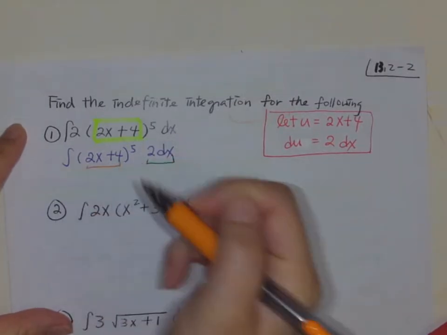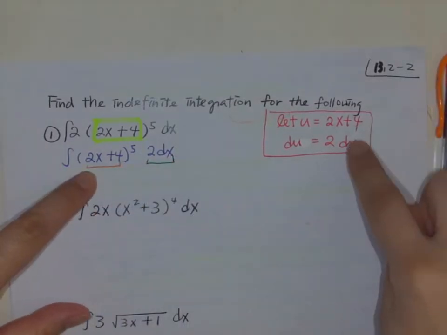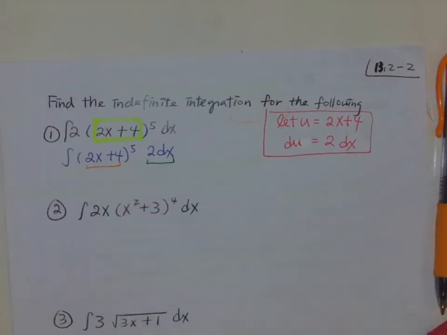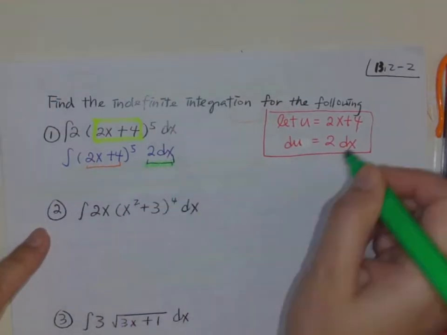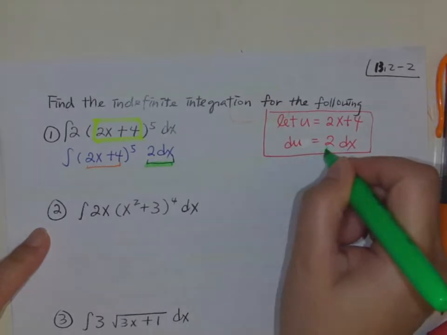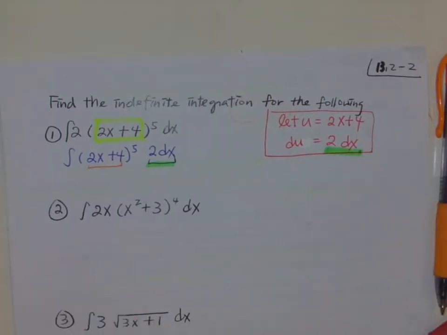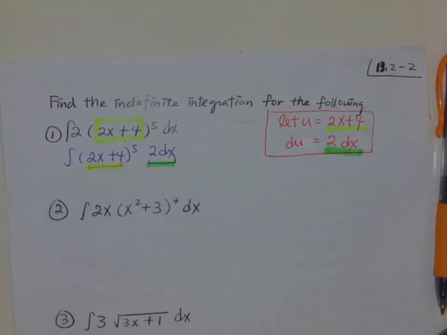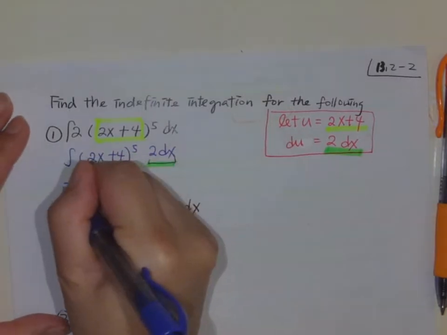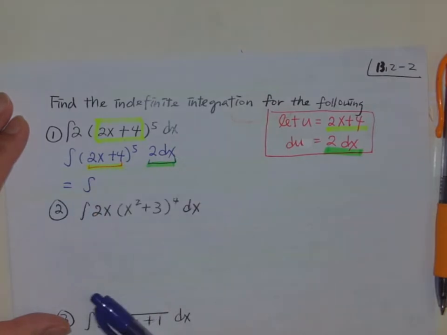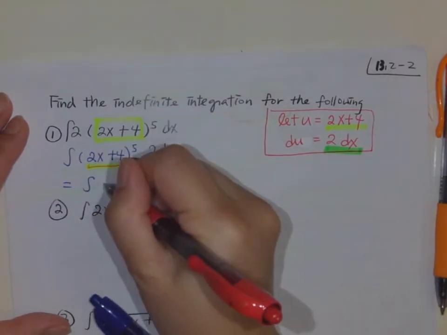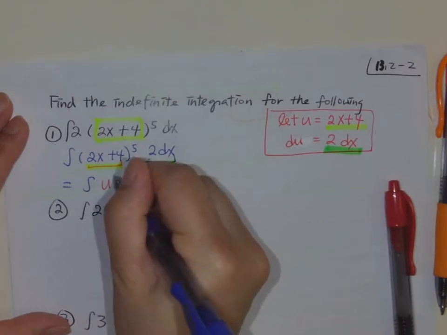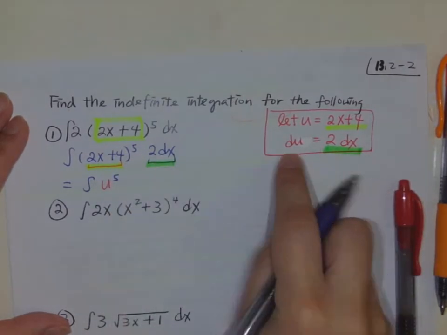So I can replace this with u and this with du, and rewrite it as the integral of u to the 5th power times du, where du is 2 dx.